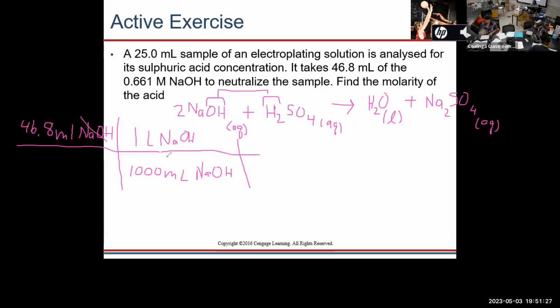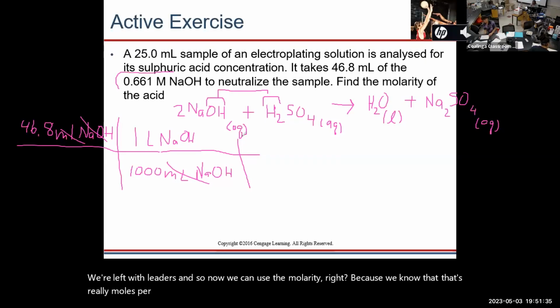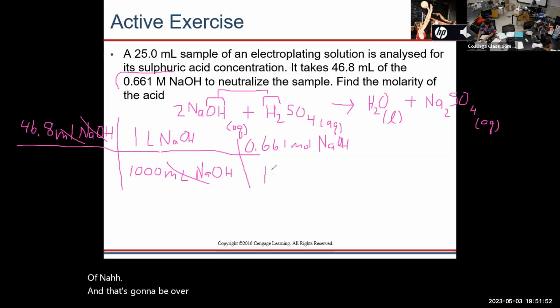Okay, so then milliliters are going to cancel out. We're left with liters. And so now we can use the molarity, right? Because we know that that's really moles per liter. So then we have 0.661 moles of NaOH over 1 liter.